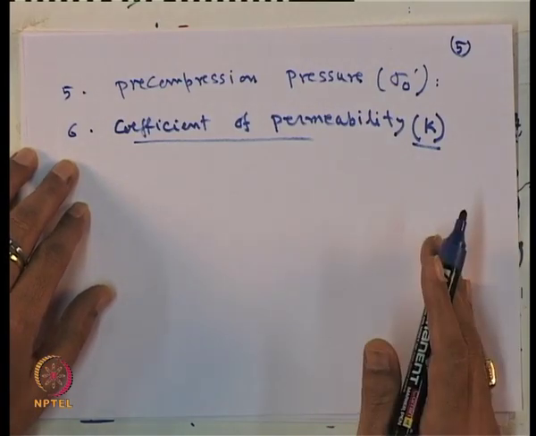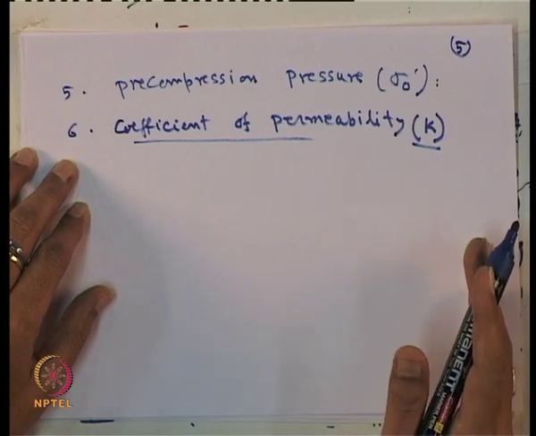This is the indirect method to determine the coefficient of permeability. So, coefficient of permeability is the flow which takes place through a porous media per unit area perpendicular to the flow under the unit hydraulic gradient.